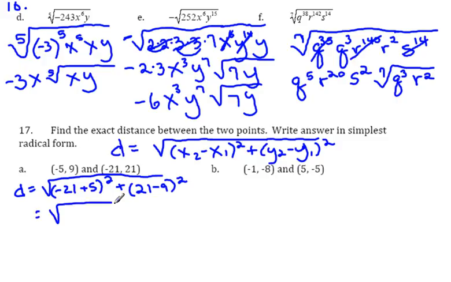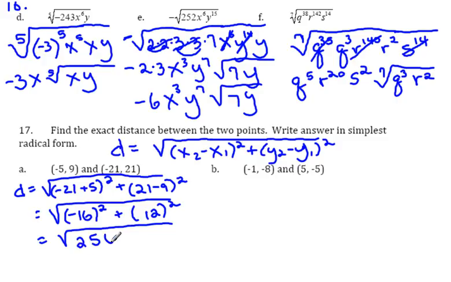That gives us the square root of -16 squared plus 12 squared, which is the square root of, I'm just squaring both of those, 256 plus 144. Add those two together and you get 400, and the square root of 400 is 20. So that means the distance between those 2 points is going to be 20 units.